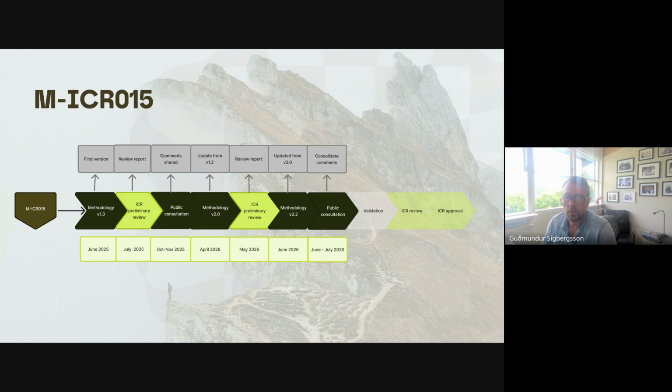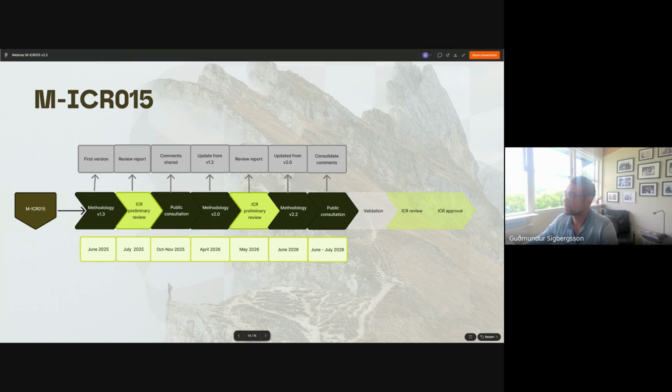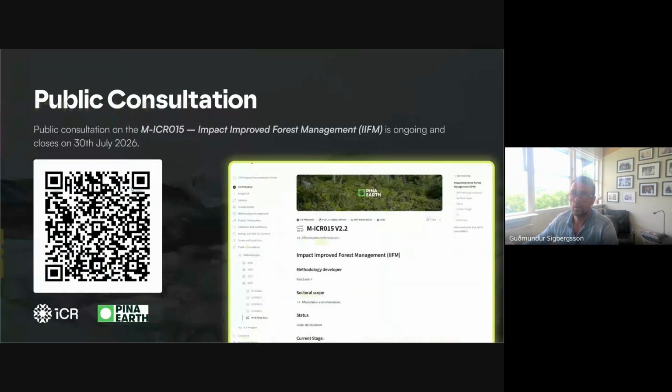Because the methodology was materially updated, we opened a renewed public consultation, and this consultation runs now from 30 June to 30th of July 26. As I said, the public consultation is currently open and will close on 30th of July.